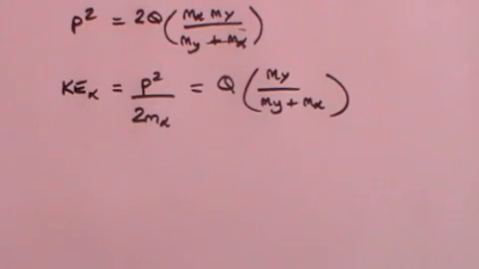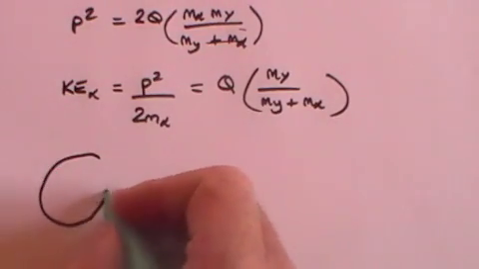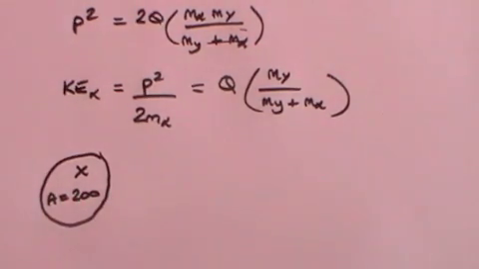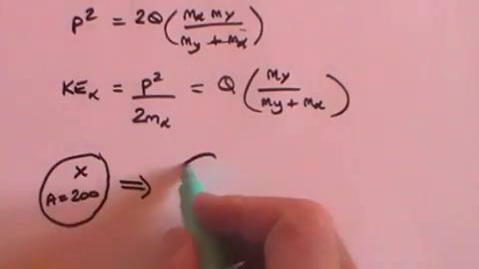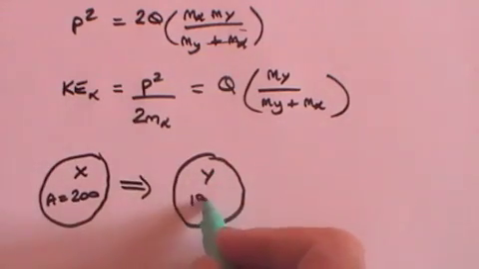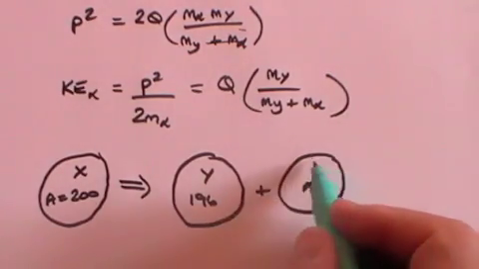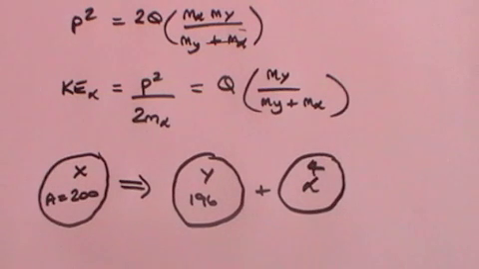Now let's suppose that we started with X, and let's say that A is 200. We are, after all, talking about the high end of the NZ diagram. That's where alpha decay takes place, where the total number of nucleons in a nucleus might be of the order of 200. And that's obviously going to produce Y, which will have 196 nucleons, plus the alpha particle, which has 4. So very roughly, these are the atomic weights of these atoms, 200, 196 and 4.